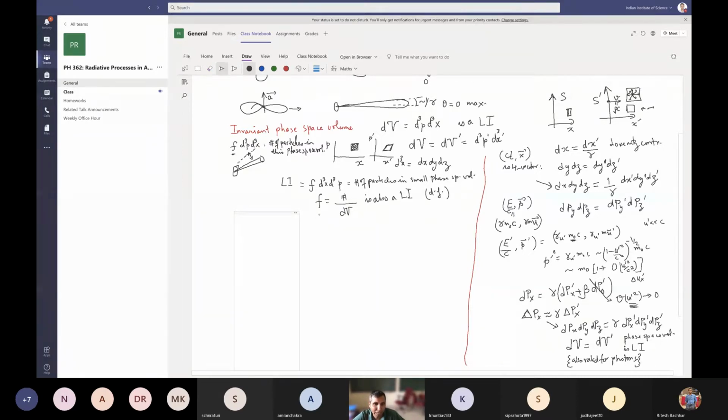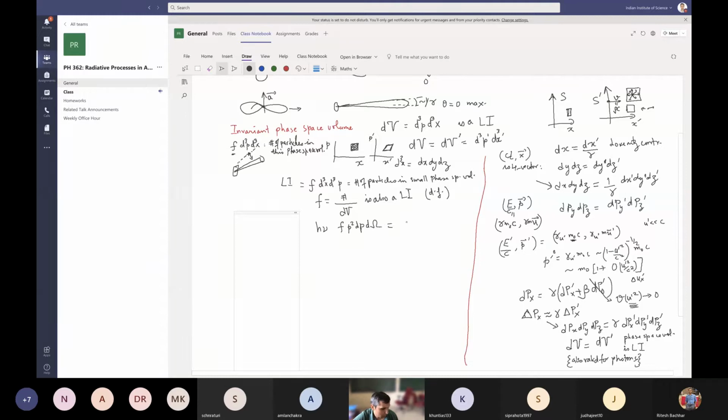So basically we know how f and the energy density of radiation, for example, are related. Now we are going from particles to photons. So h nu f times p squared dp d omega is the energy per unit volume.